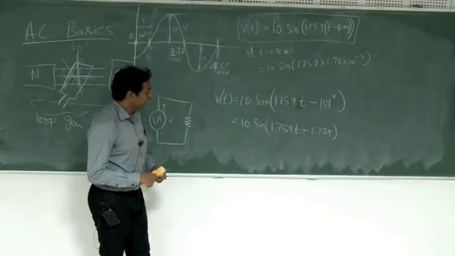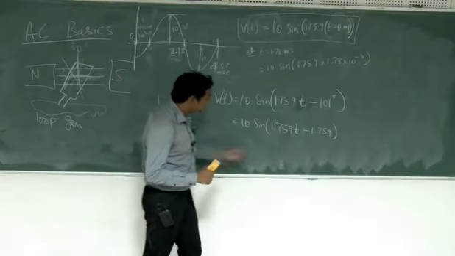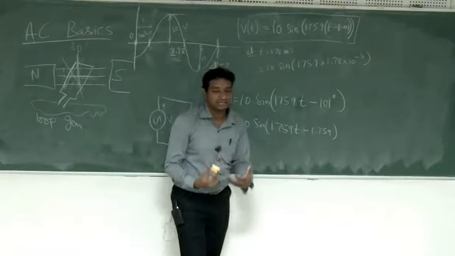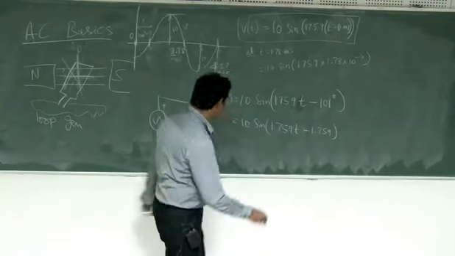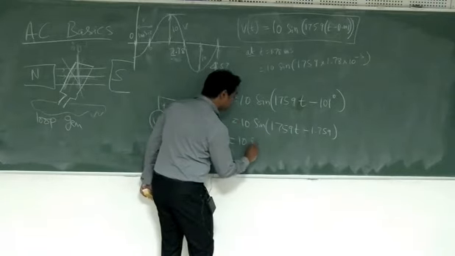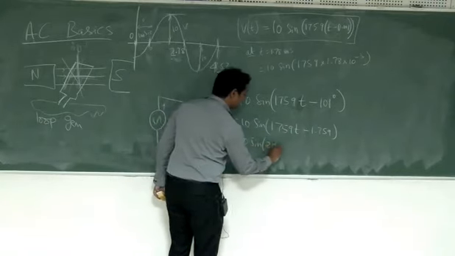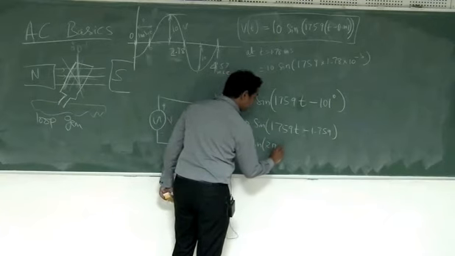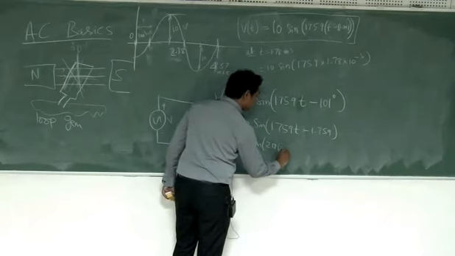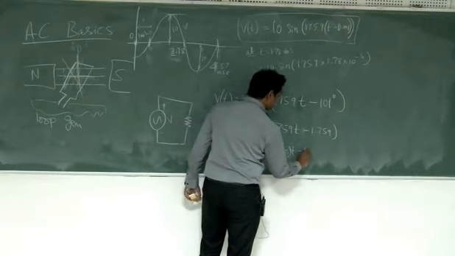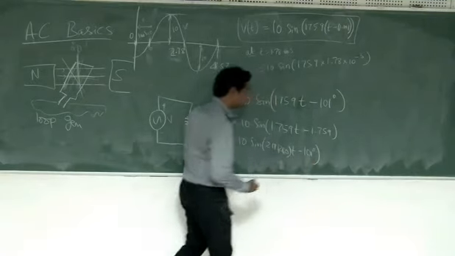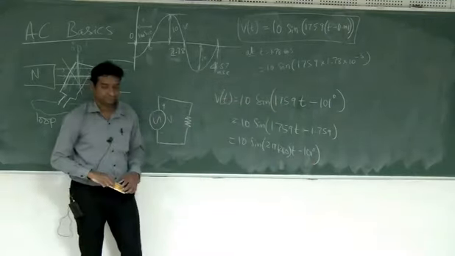Even this one, 1759, again is not a nice way of writing it. I'll write it like this: 10 sine 2 pi into 280 into t minus 101 degrees. Now what am I doing?